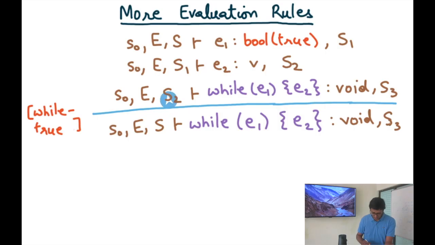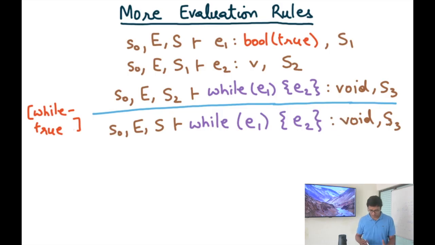And notice that the difference between the rule before the inference line and the one after the inference line is only in the side effects produced by the body and the evaluation of the condition. Here the store is S2 and here the store is S. All right, and so typically we write loops where we are updating a variable in the body and let's say checking that variable in the condition, and so those updates are getting reflected in S2, and so we can expect this application of rules to eventually terminate.